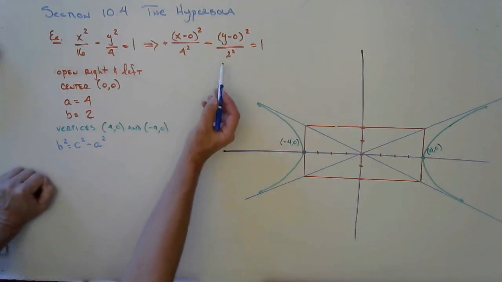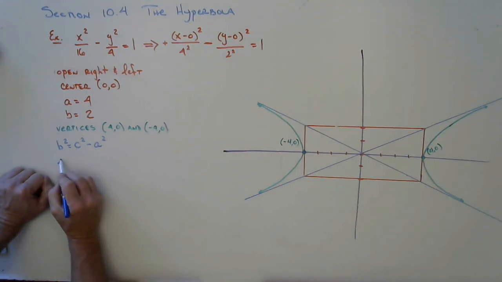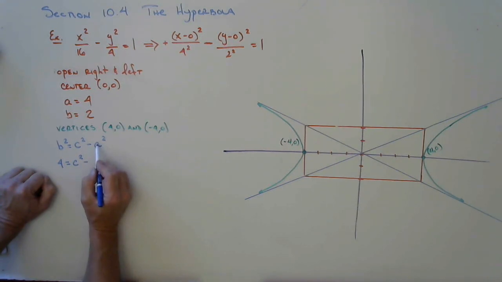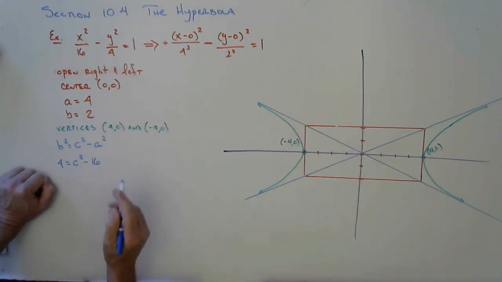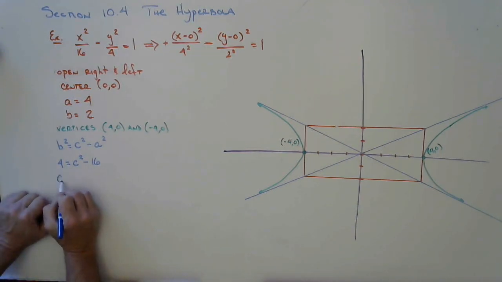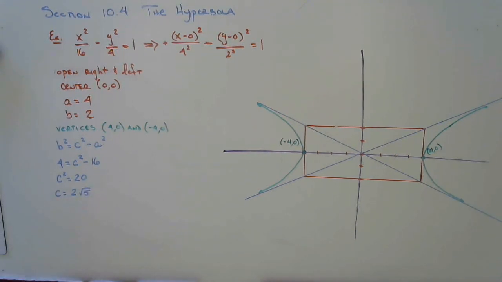So we know our b squared is 2 squared, so b squared is 4. C squared we have to find. A squared for us is 16, isn't it? So what do we get? We get c squared equals 20, or c equals 2 square root 5 when we simplify that by taking the square root of both sides.